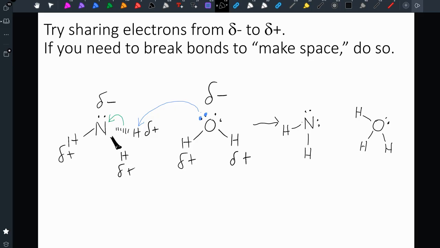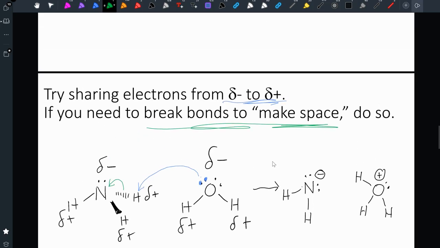And again, hopefully you recognize relatively quickly, nitrogen now has extra electrons, so it's got a negative formal charge. Oxygen is down an electron, so it's got a positive formal charge. So again, we shared from negative to positive. We broke a bond to make space. And we came up with 2 possibilities.